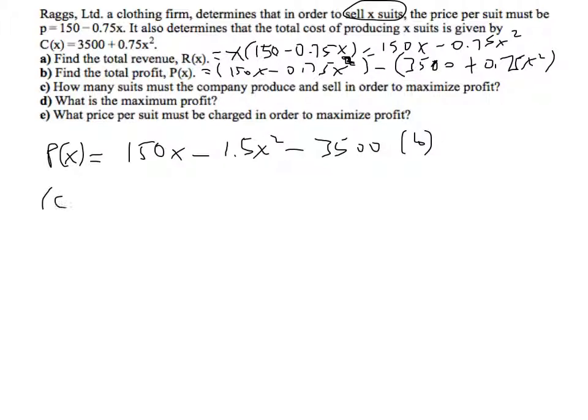For part C, it says how many suits must the company produce to maximize, there's our optimization word, profit. So we need a function whose outputs are profit. That's what B got for us. So I go into my routine of finding critical values. P prime of x is 150 minus 3x.